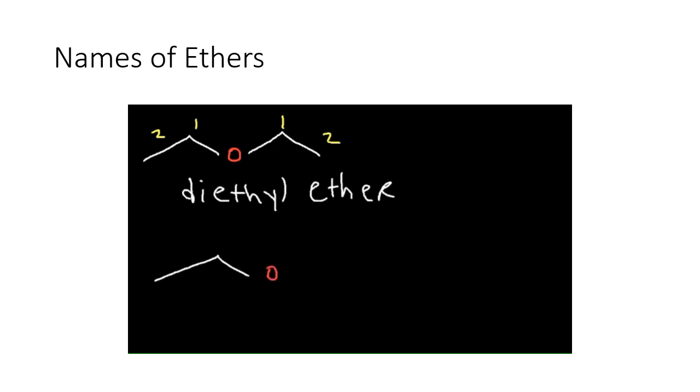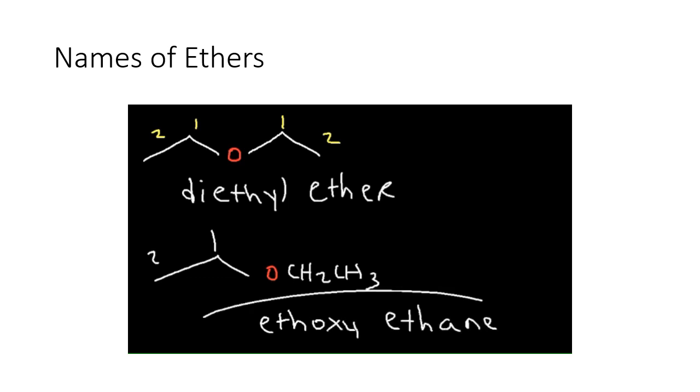So I'm going to write it as OCH2CH3. So once again, this is ethoxy, and it's on carbon 1. But if it was here, this would be carbon 1. So for a 2-carbon chain, no matter where you put the ethoxy group, it's going to be on carbon 1. So you could just call it ethoxy ethane. And that's all you got to do for this one.